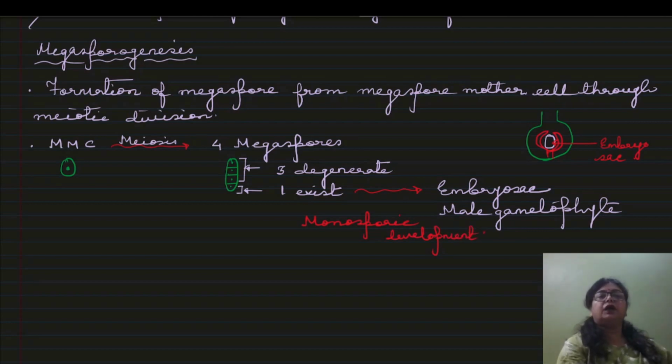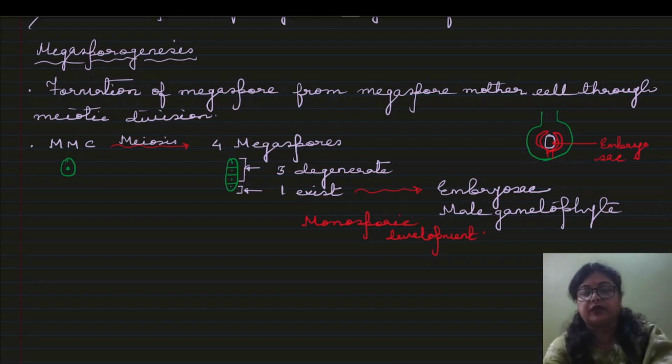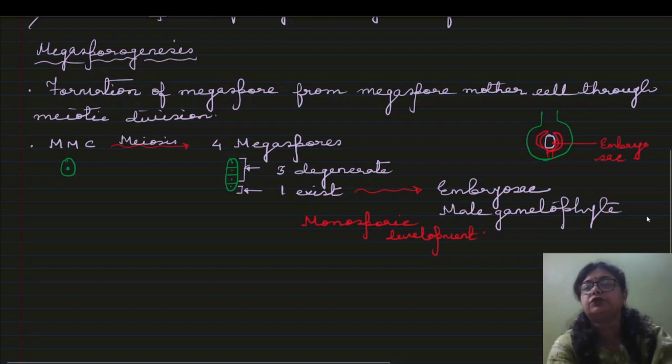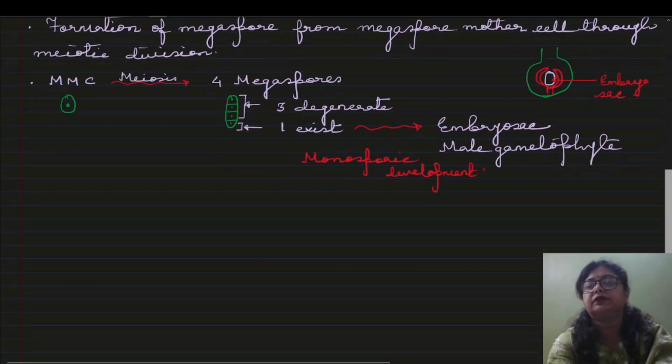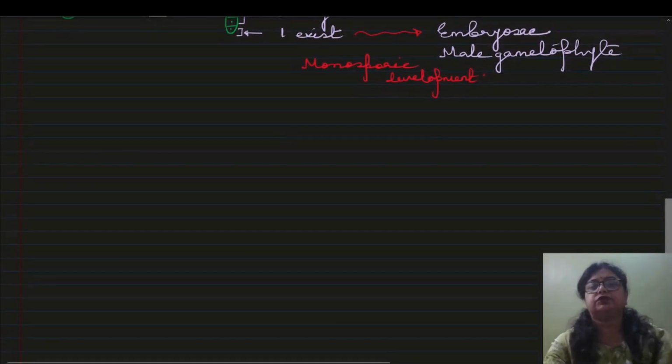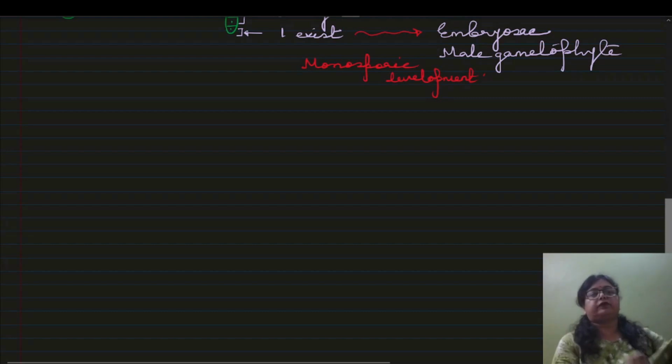Okay. Now next topic we are going to discuss the structure of the embryo sac, because the embryo sac is not so simple. It is an oriented structure.